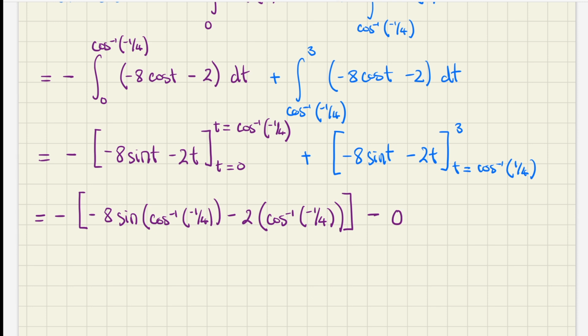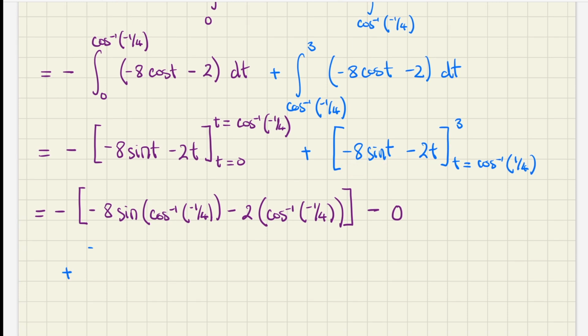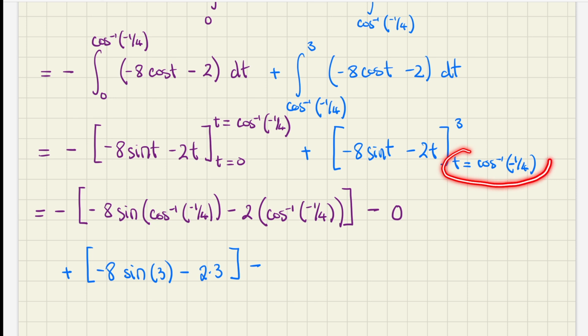For the next part, I plug in t equals 3. So I have negative 8 times sine of 3 minus 2 times 3. Minus, then I plug in t equals cosine inverse of negative 1/4. So I have negative 8 times sine of cosine inverse of negative 1/4 minus 2 times cosine inverse of negative 1/4.